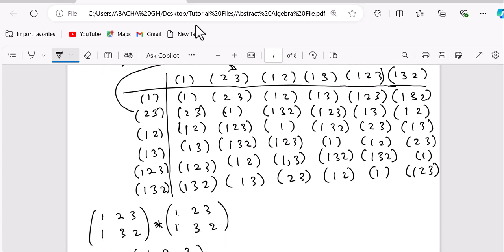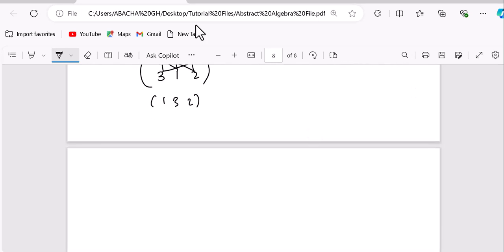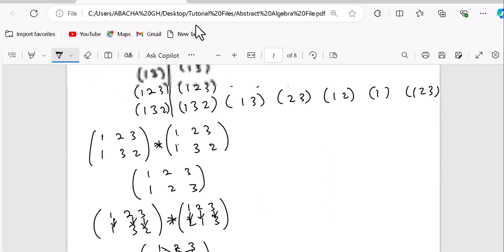So all those elements which give us the same answer when we change their positions are the centralizers of (1 2 3). So that is what the question is asking us to do.